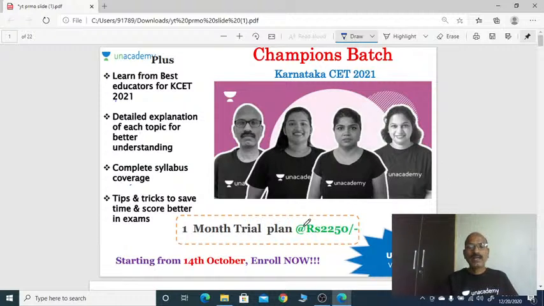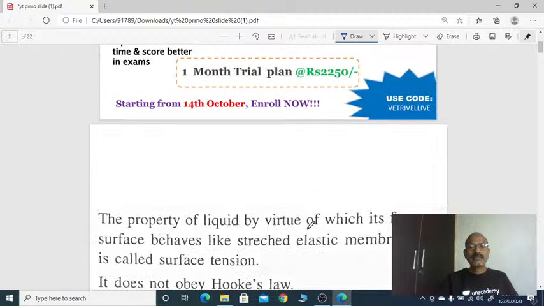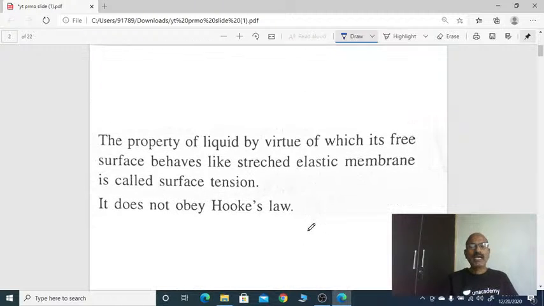Today, let us discuss surface tension. As we all know, surface tension is the property of the liquid by which its free surface behaves like a stretched membrane. You all might have seen on the surface of water, the mosquitoes and other insects are able to walk on the surface.